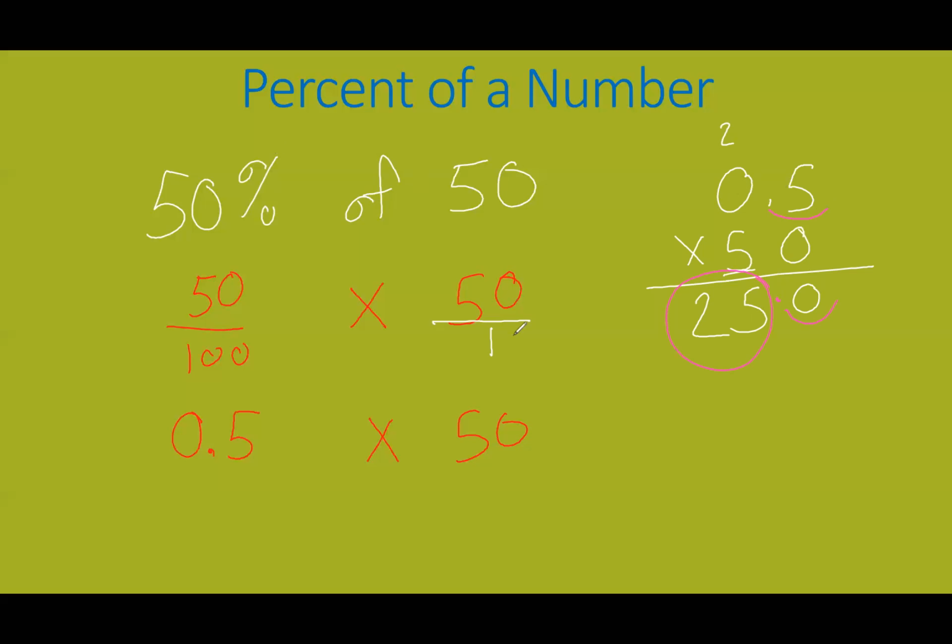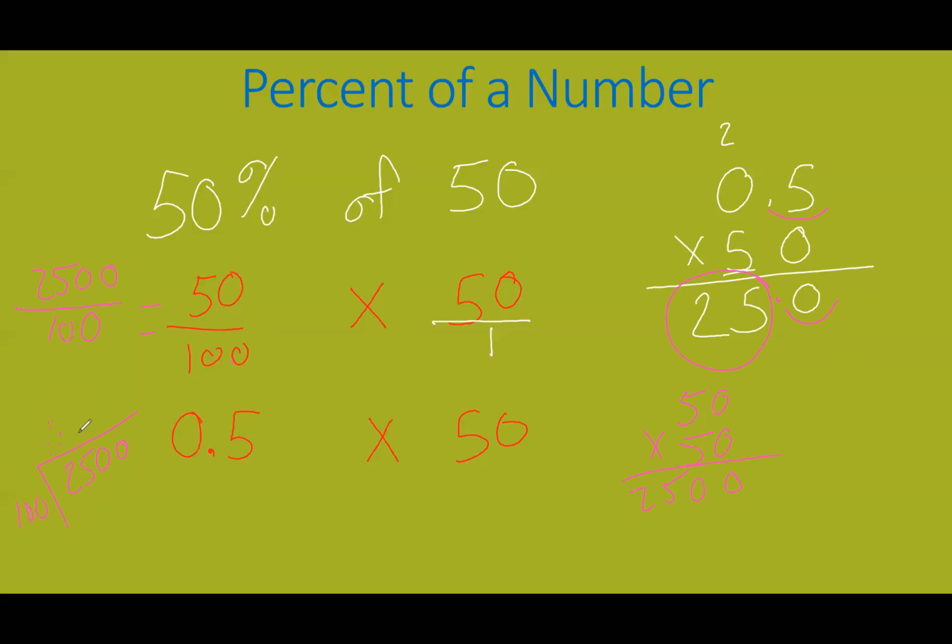And if I wanted to do it with my fractions, 50 times 50. What's 50 times 50? Well, 0, that's a 0, and that's 25. So it's 2,500 over 1 times 100 is 100. And I could totally do this division problem if I wanted to. 100 goes into 2, nope.